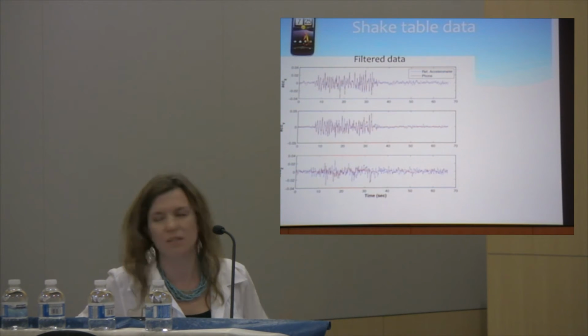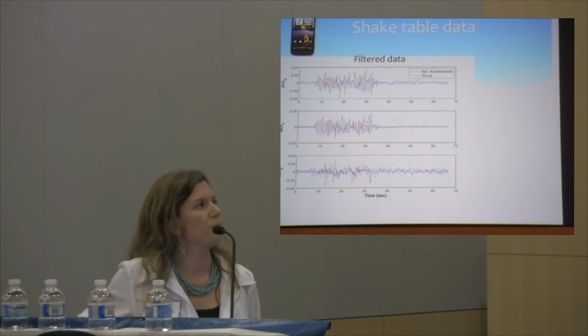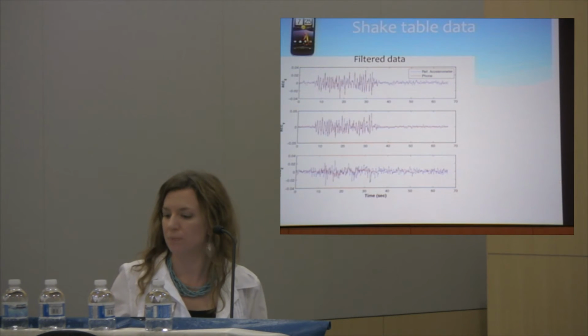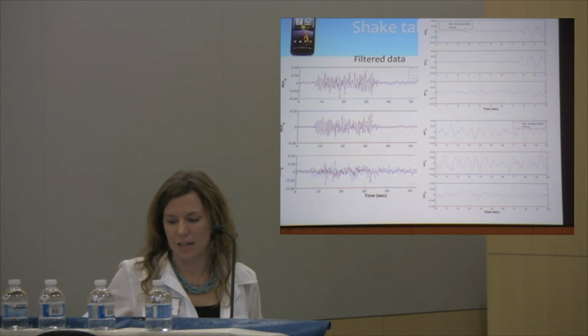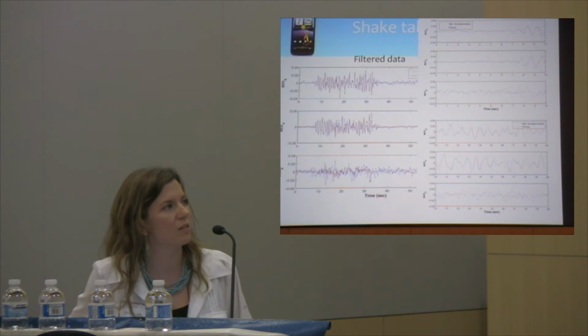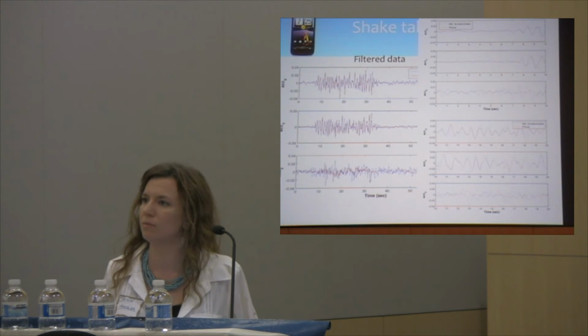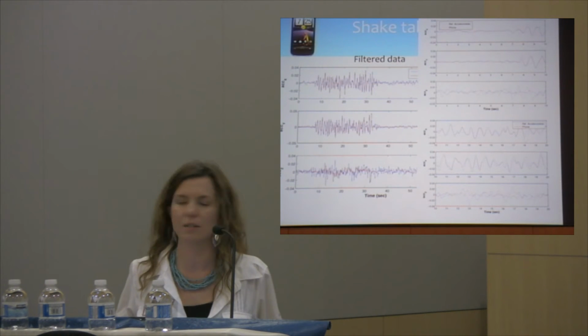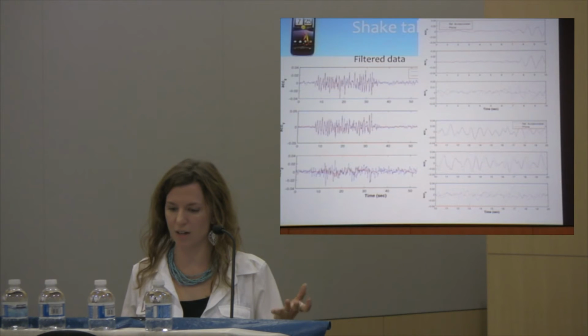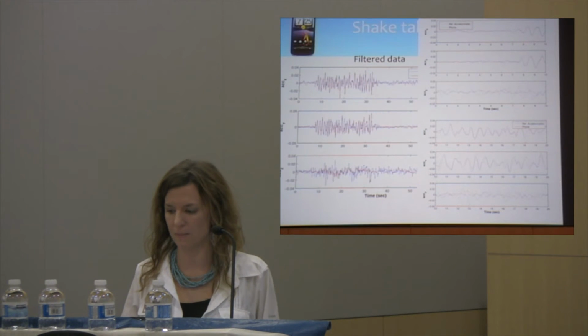And with the exception of the z direction, which I said was bad, it's reproducing what the high-quality accelerometer does pretty well. And so if you zoom in, you can kind of believe more of what I'm saying. Again, the z direction is pretty much useless, but x and y components pretty much follow the reference material. And so we think that this is pretty good, at least as a first test.